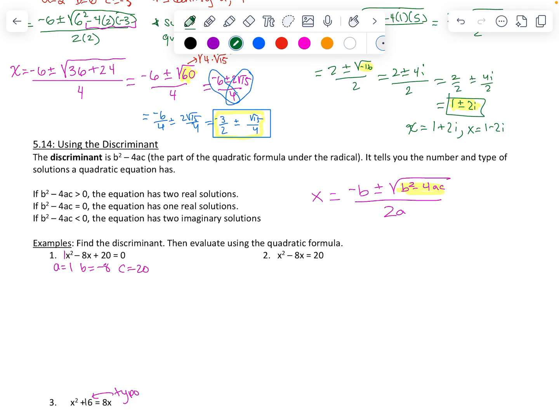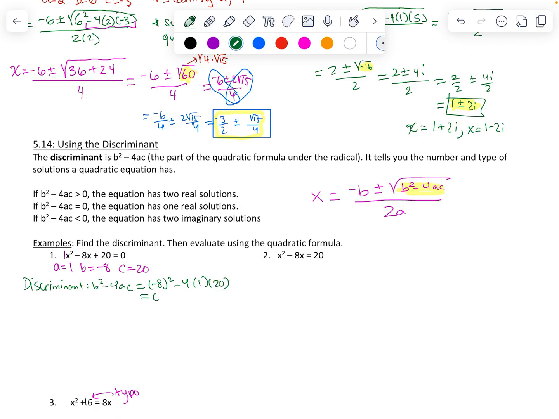So if I find my discriminant, once again, it is b squared minus 4ac. I'm going to end up getting negative 8 squared minus 4 times 1 times 20.